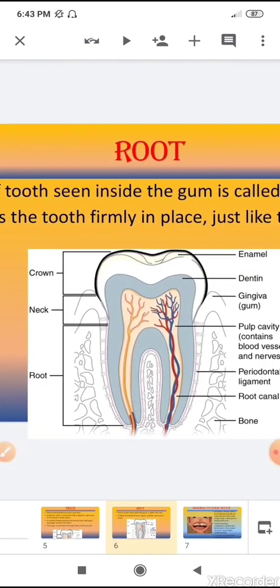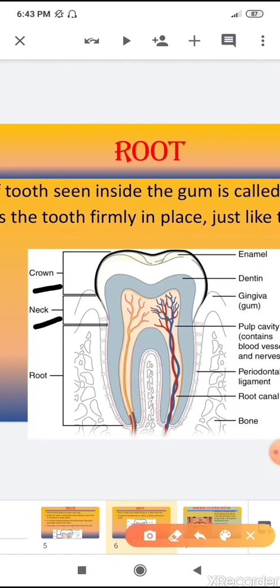So children, what are the main parts of the tooth? Yes, the top part of the tooth is the crown, the middle part is the neck, and the bottom part is the root. The crown has two layers.